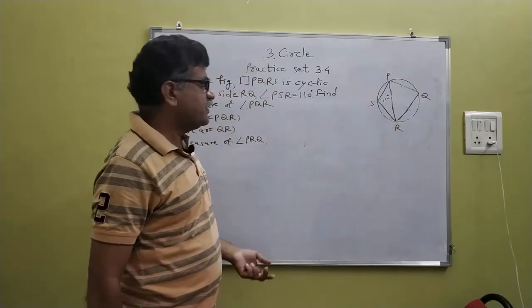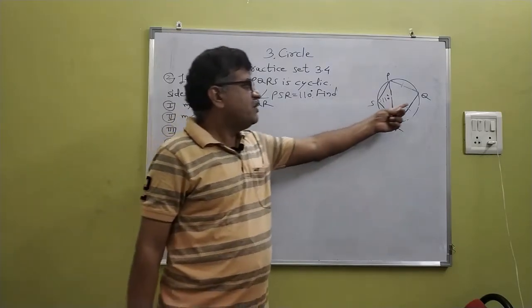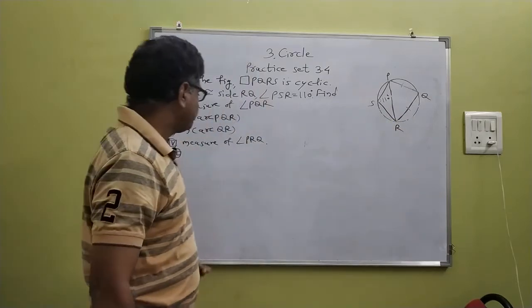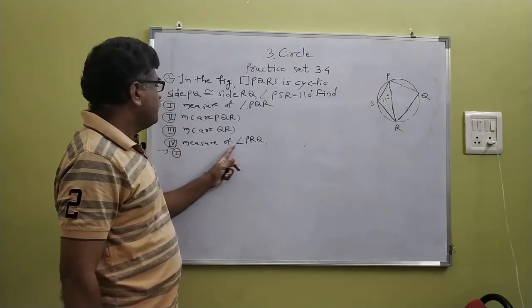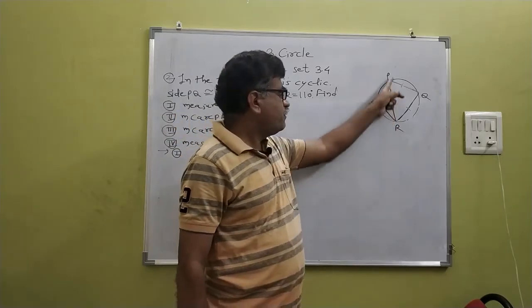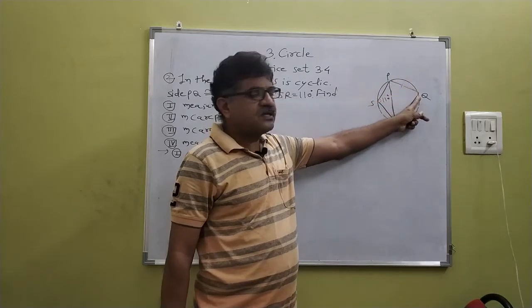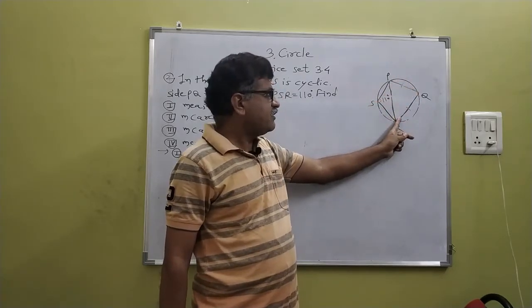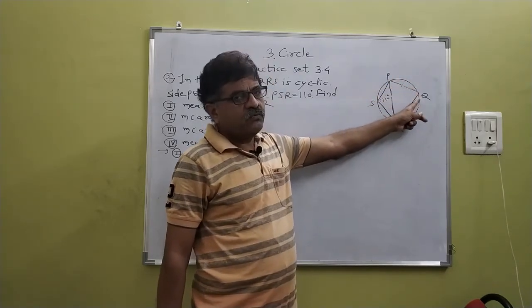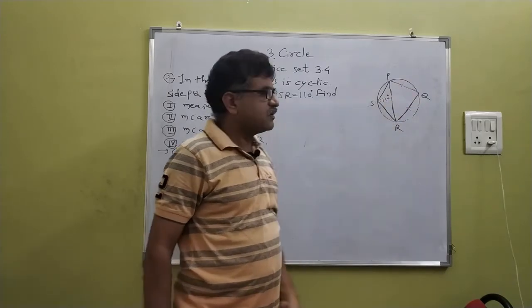By using this, we can find the value of x, and x is the value of arc PQ and arc RQ. And fourth, the measure of angle PRQ. We know the value of this arc. This angle is equal to 1 upon 2 measure of arc PQ. We can find the value of this angle.